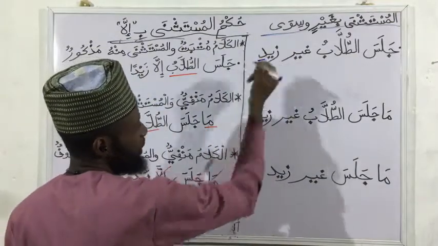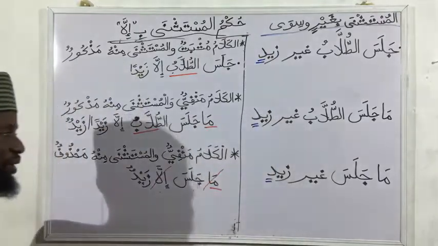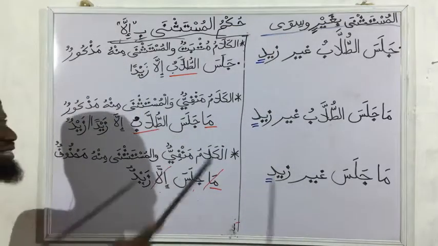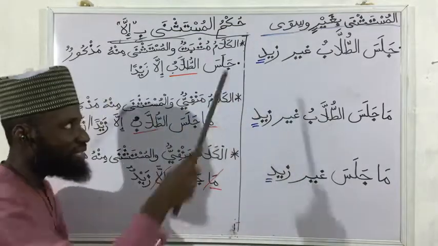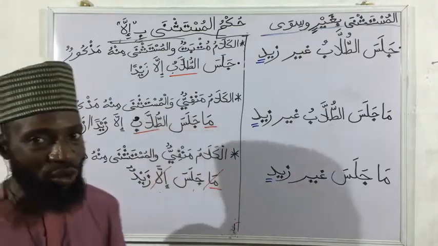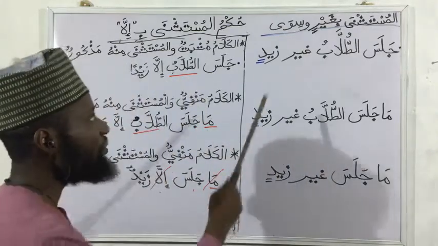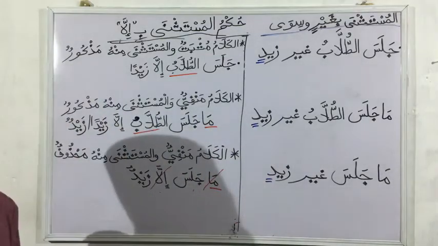It will be zaidin. This one too will be zaidin. This one too will be zaidin, on the fact that they are mudaf ilayhi, because ghayru is a noun, Zaid too is a noun. So the noun-of-noun process we know as idafa is going to take place. So we have zaidin here. Do we get now?